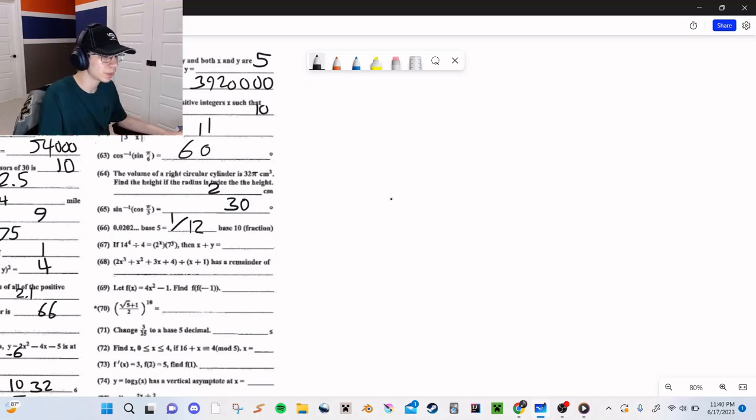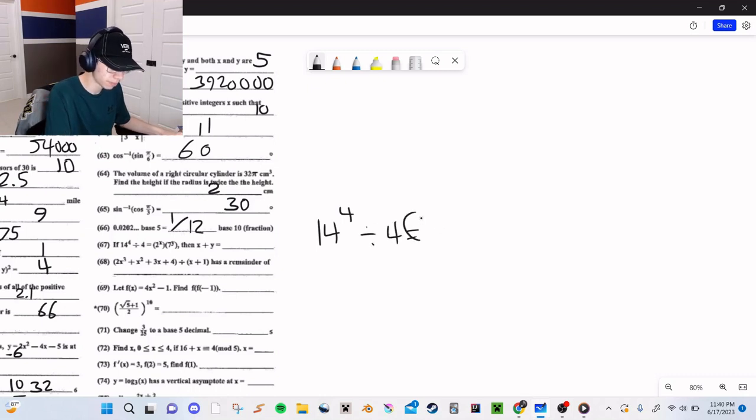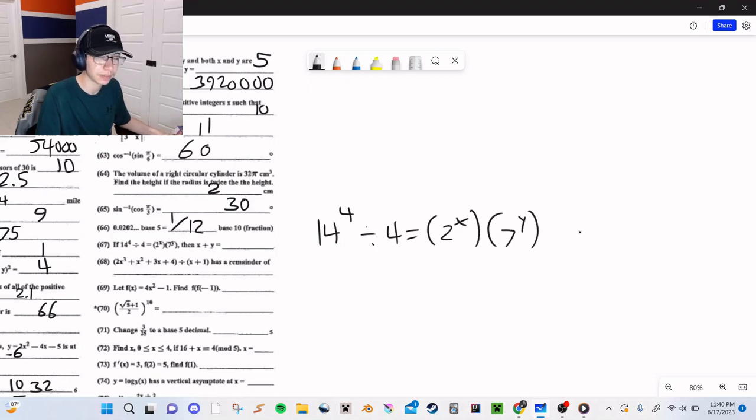So 67. Okay, so if 14 to the 4th divided by 4 is equal to 2 to the x times 7 to the y, then what's x plus y?